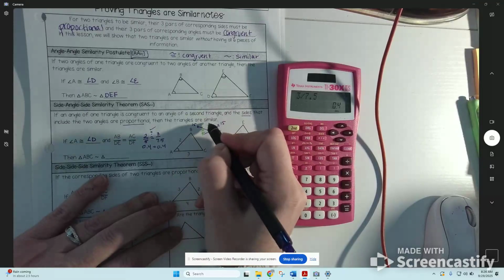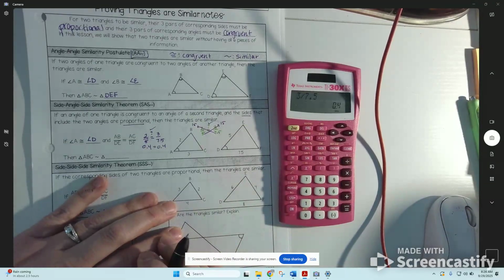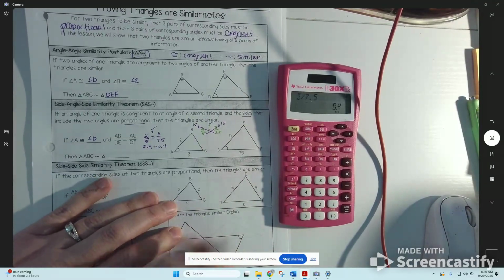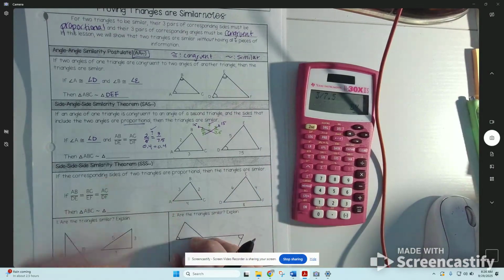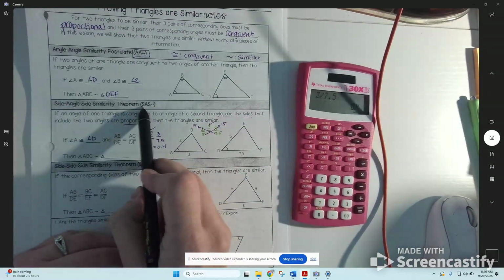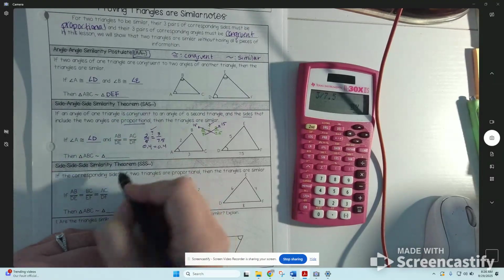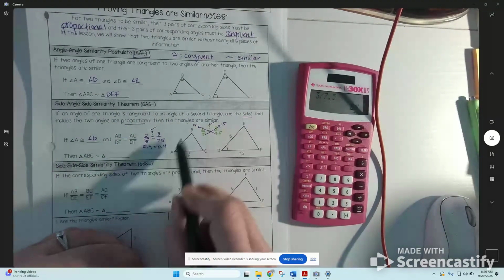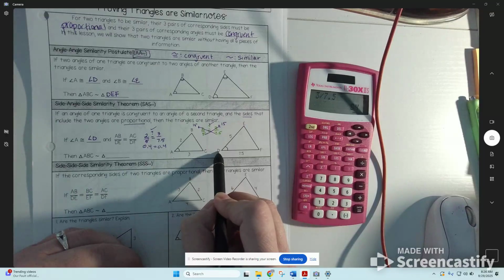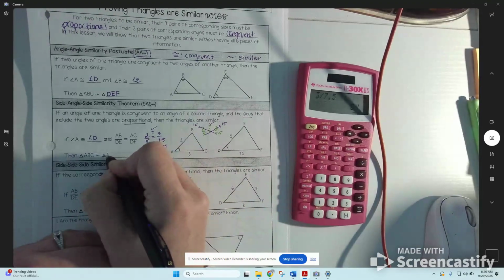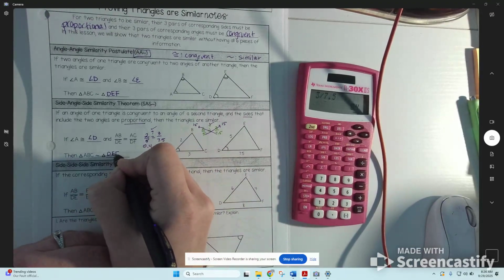If those are equal, we can say yep, those are proportional. Proportional just means that the ratios are equal. Since both of those worked out, the two sides were proportional and the angle was congruent, so we can say these are similar. Again, A, B, C, we want to go in the same order, D, E, F, and line them up.